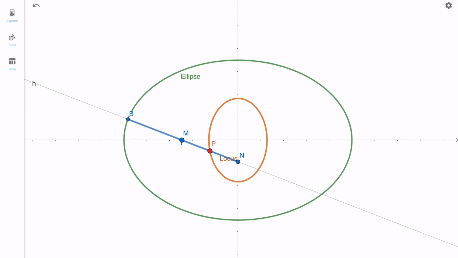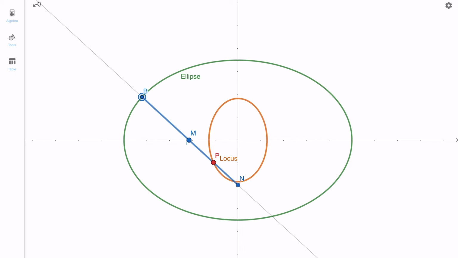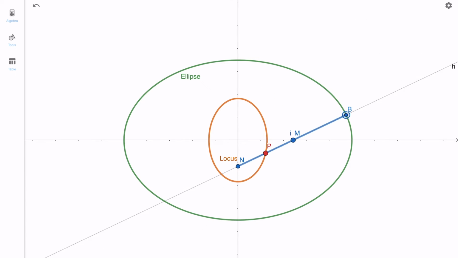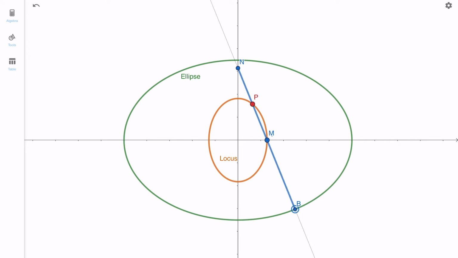As we move the normal around the ellipse, you can see the midpoint of that line segment MN follows the orange curve. So the orange curve is the locus of the midpoint of MN. And what we're going to do in this example is find the equation of this locus, okay?